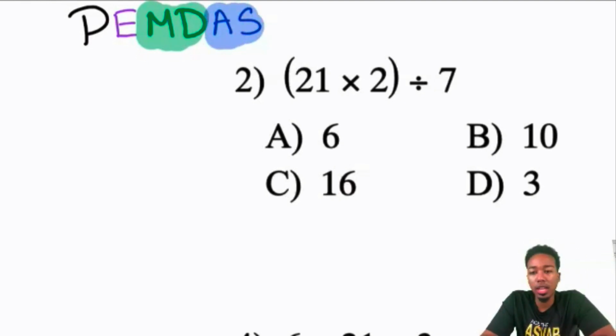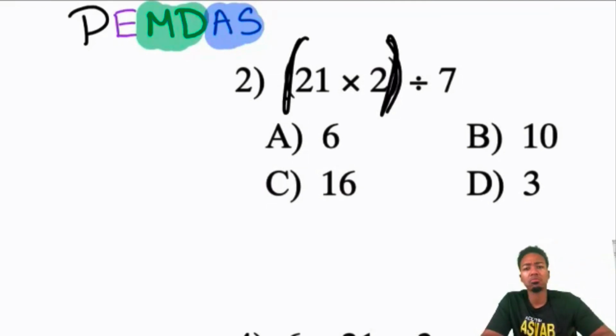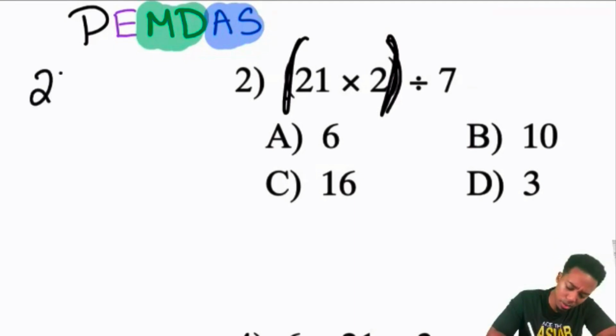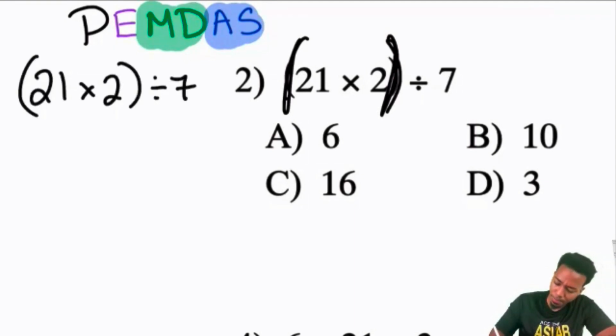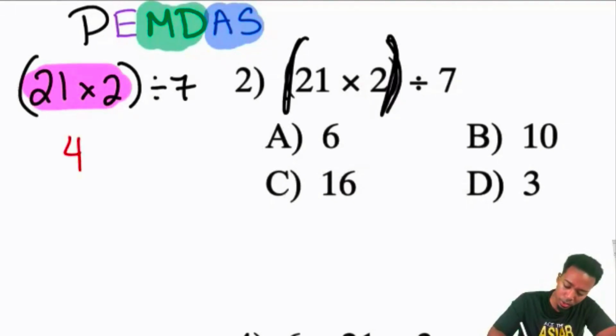You just read it left to right. Because of the parentheses right there, you just do this straight up. 21 times 2, we'll take this first, and that'll end up being 42.